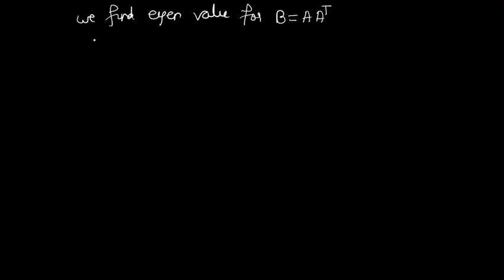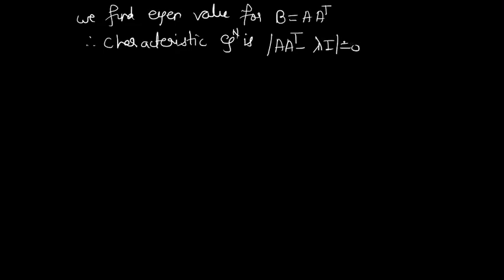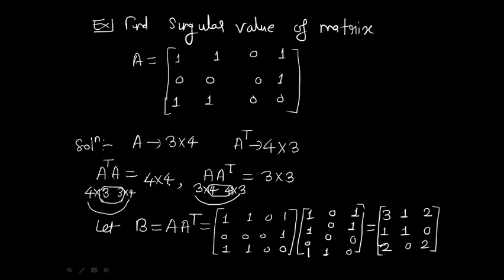So as per the definition, we need to first find out the characteristic equation. So the characteristic equation is determinant of A into A transpose minus lambda I equal to 0, where A into A transpose is B here. So the determinant of the elements of B, which are 3, 1, 2, 1, 1, 0 and 2, 0, 2.